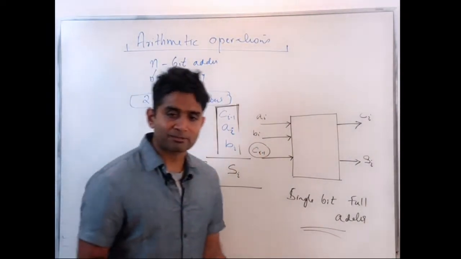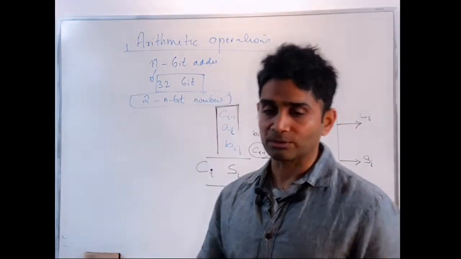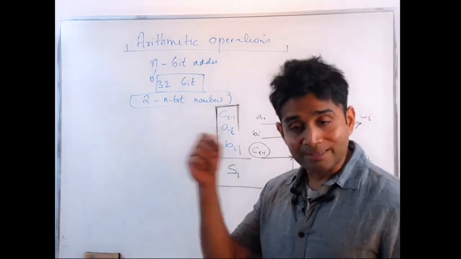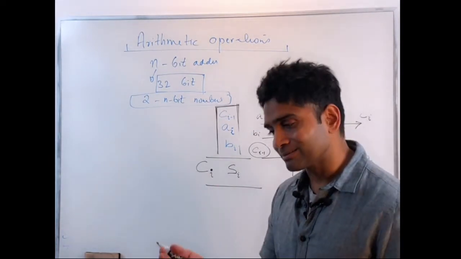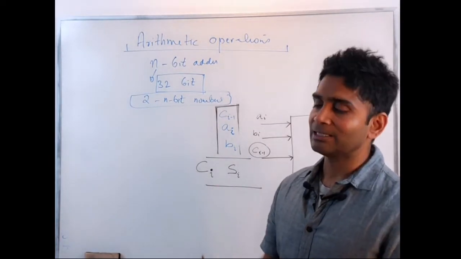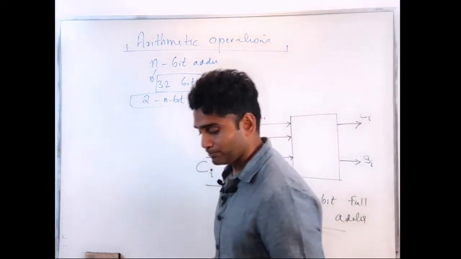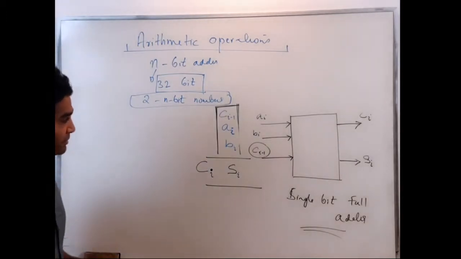In the previous circuit that we examined, we did not consider the previous carry. Of course, we did not intend to make that into a module, but in this case, we are making that into a module. So this is a 1-bit full adder, that's the naming convention.